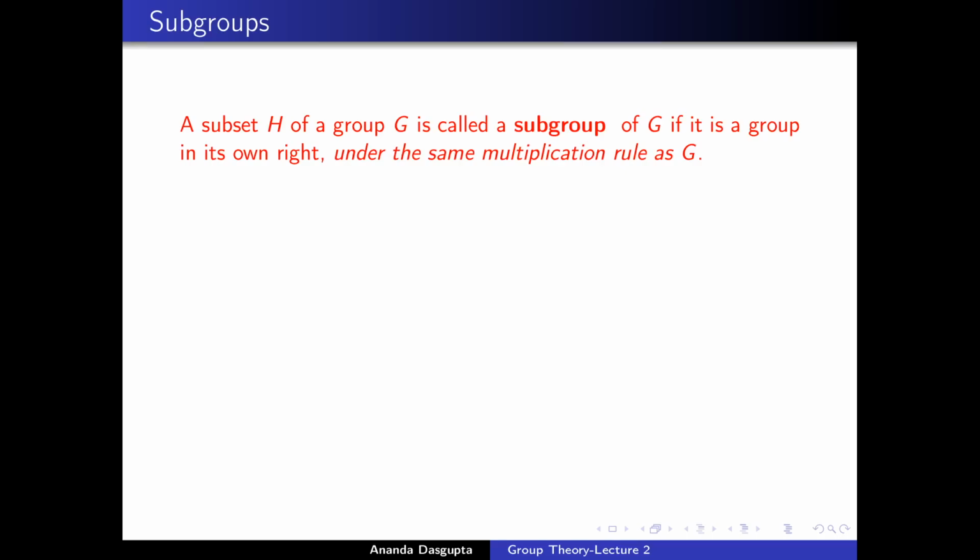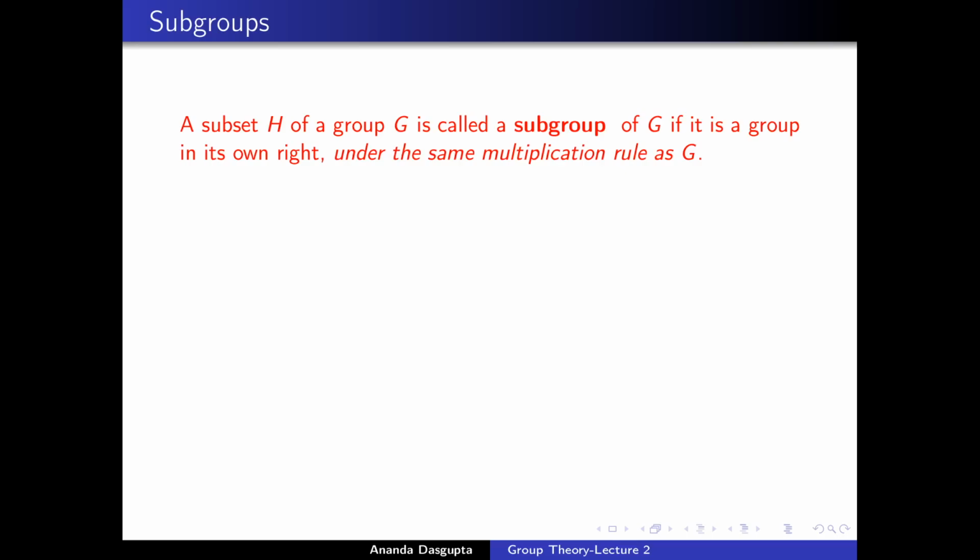We have actually seen quite a few examples of subgroups in the last lecture. For example, we started with the big group GLNR, the set of all n by n real valued non-singular matrices. And of course, there the group product rule was the standard multiplication of matrices.